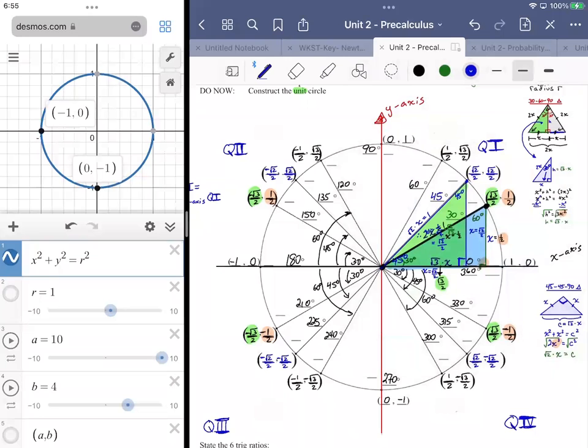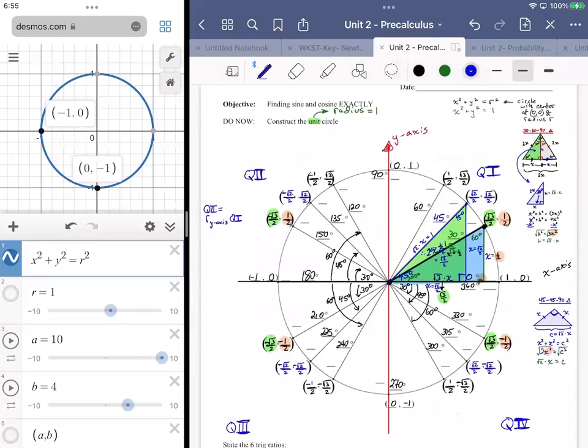All right, so every coordinate on a unit circle is the result of cosine comma sine. So we have x comma y, any point in space could be represented by a coordinate x comma y.